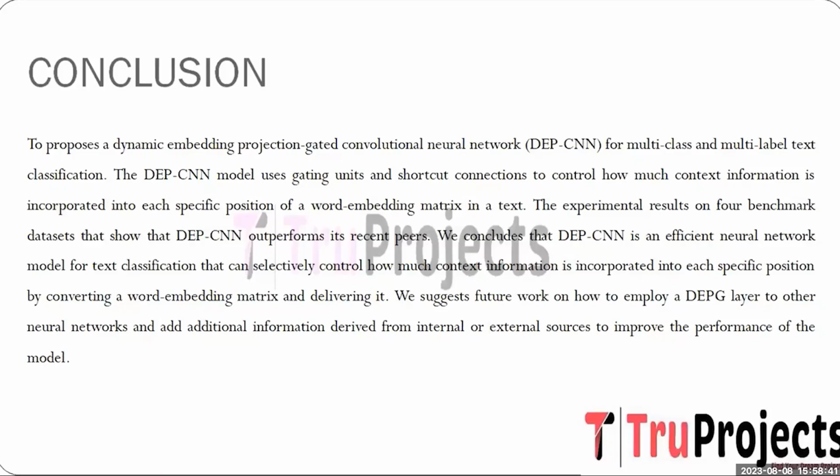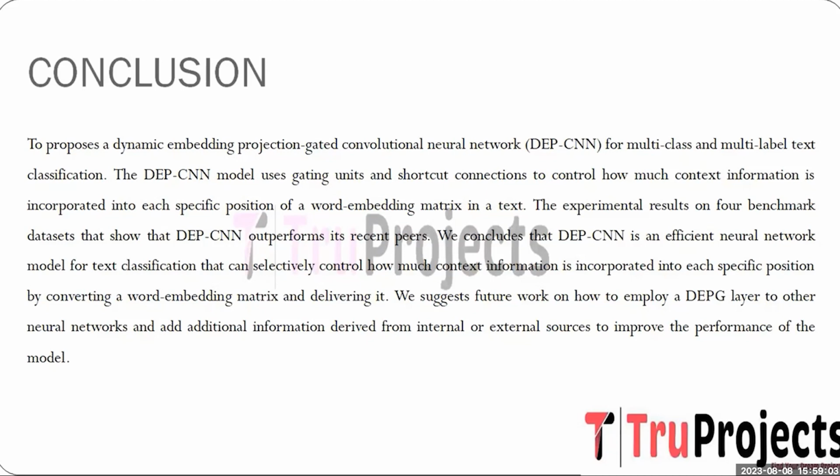And in conclusion, the dynamic embedding projection gated convolutional neural network for multi-class and multi-label text classification. The deep CNN model uses gating units and shortcut connections to control how much context information is incorporated into each specific position of a word embedding matrix in a text.